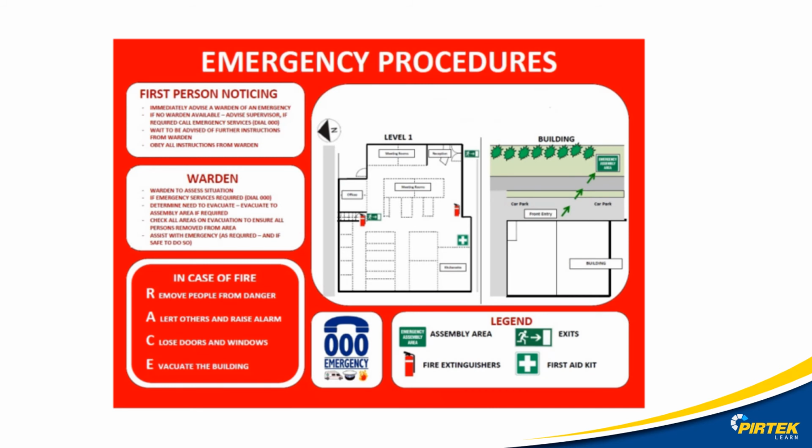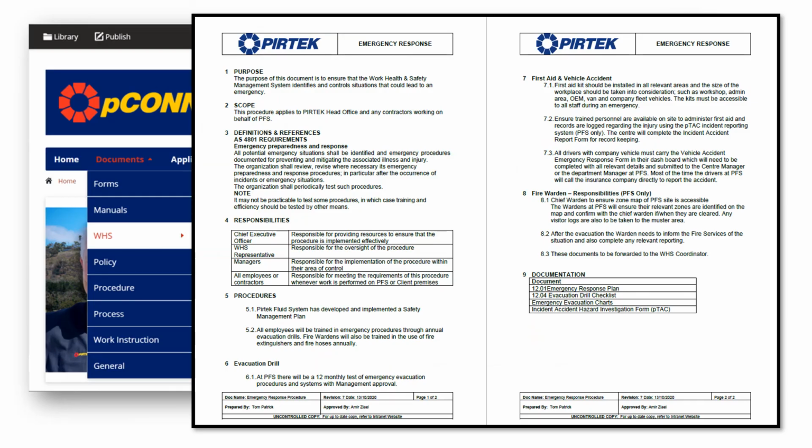Emergency procedures are usually located around the workplace as posters and signage. Pertec's emergency response plan can be downloaded and viewed from pConnect.